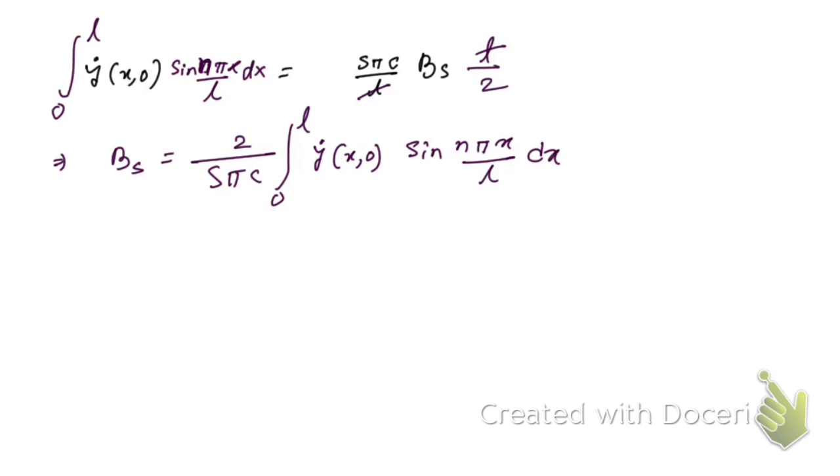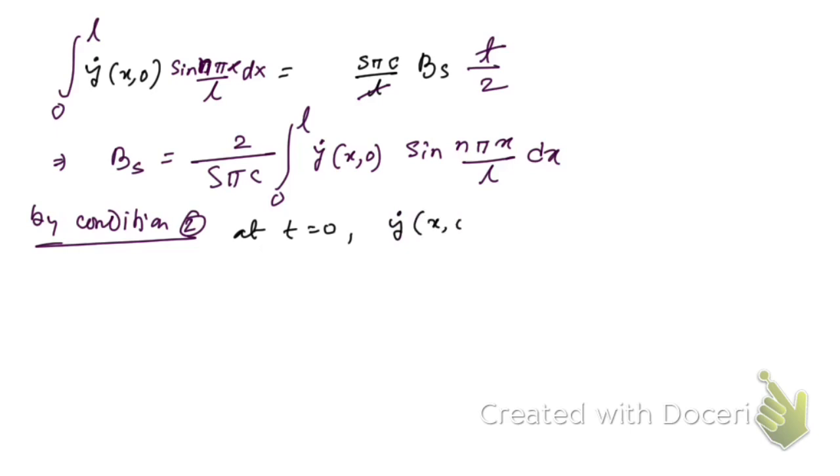Now you see, by condition 2, at t is equal to 0, the velocity y dot of x comma 0 is equal to 0 for all values of x except in the region x is equal to a and x is equal to a plus dA.